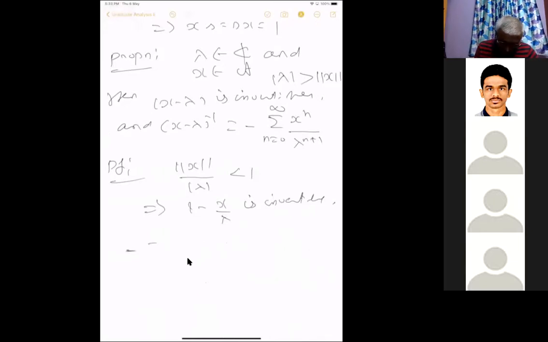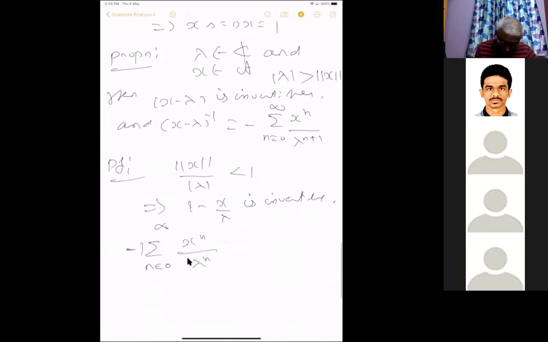This sum is minus summation n equal to 0 to infinity x power n by lambda power n. I take the 1 by lambda out. Because norm x by mod lambda is less than 1, this is equal to minus 1 by lambda times 1 minus x by lambda inverse.